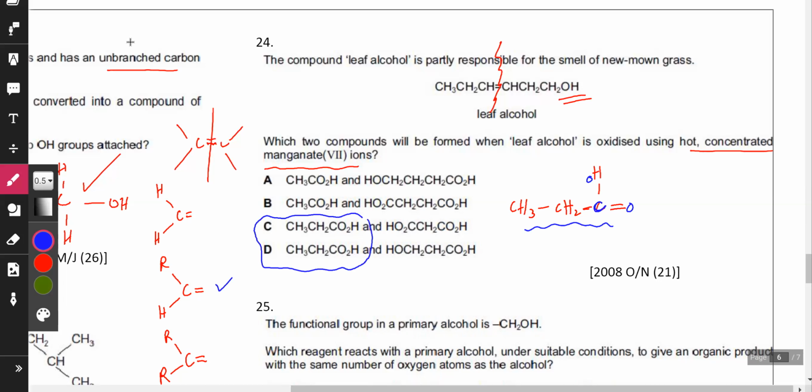What about the other part? Now focus on the other part. It's going to be double bond CH, then CH2, and then CH2 and OH. Now the left side is exactly the same. It's going to be a carboxylic acid.